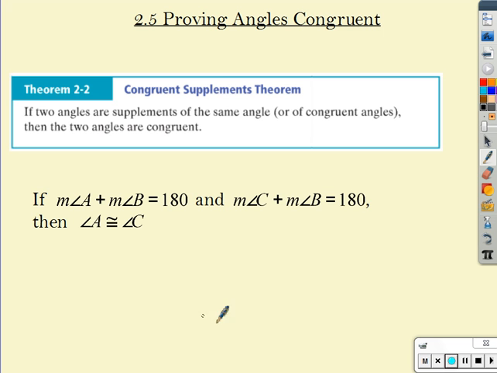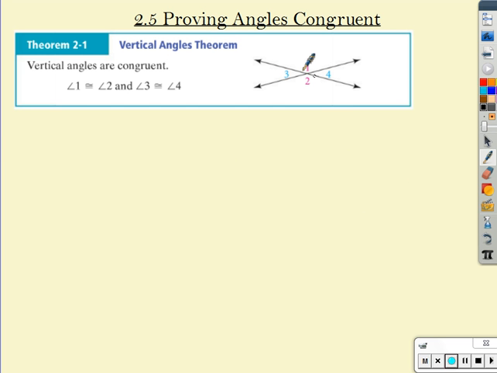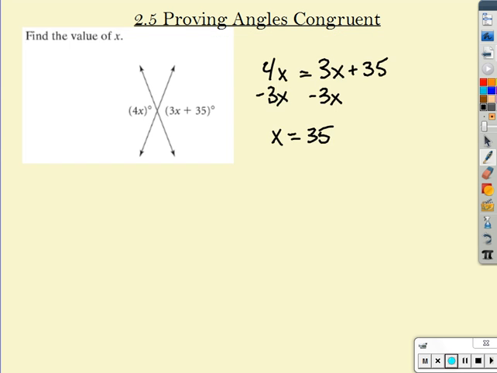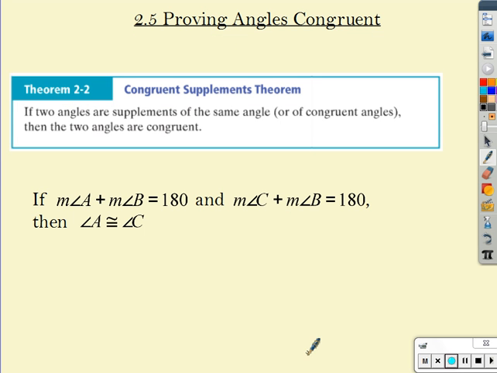So here we have theorem 2.2, which is the congruent supplements theorem. Truly, the vertical angles theorem is actually just a special case of the congruent supplements theorem. And what this congruent supplements theorem tells us is that if you have two angles and they're supplements of the same angle, or of congruent angles, then those two angles are congruent.